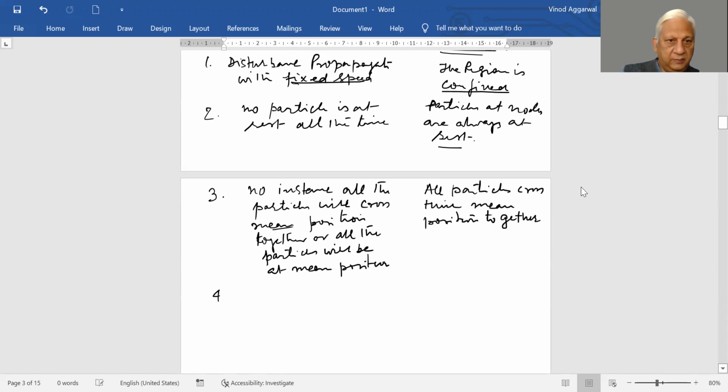Fourth comparison is, the phase of all nearby particles is different.